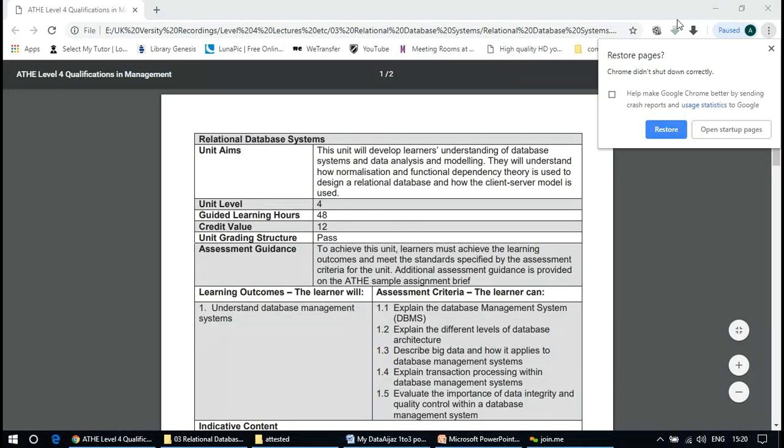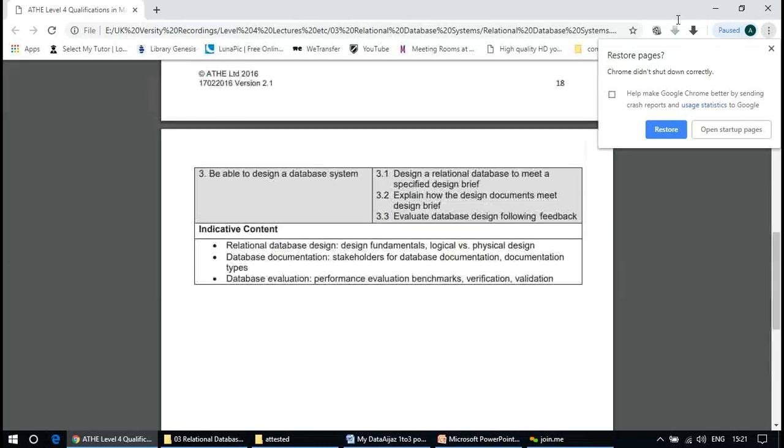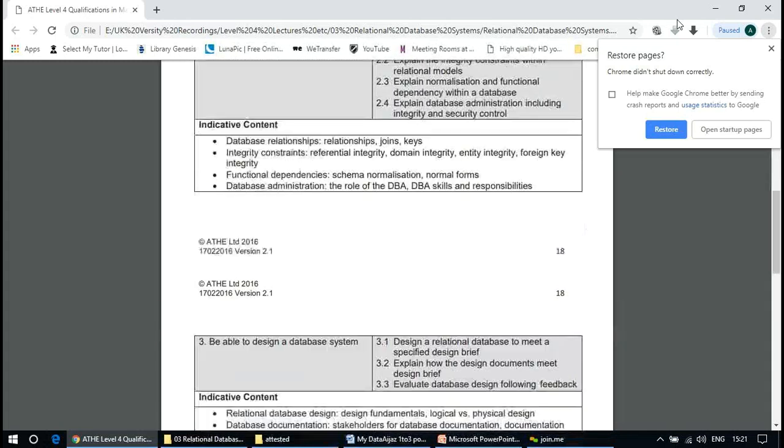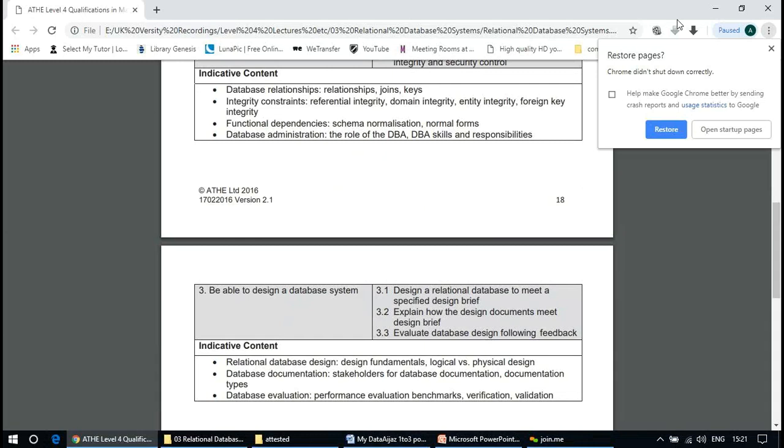The unit specification for LO3 includes the design fundamentals, database documentation and database evolution. We have already completed understanding database design and database management systems, and the third one is also related with the database design, but a little bit towards the implementation.